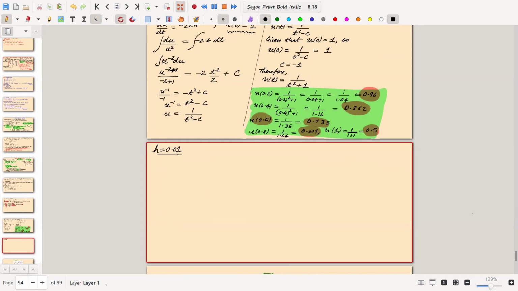Find u at 0.1 and u at 0.2, and submit. Okay, good.